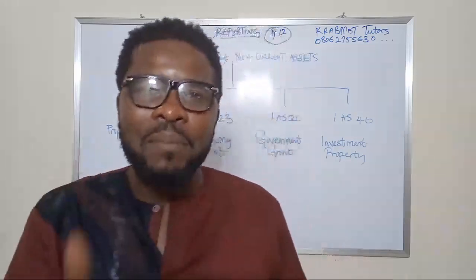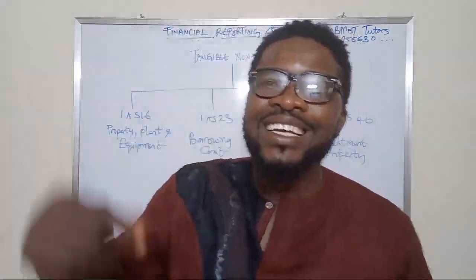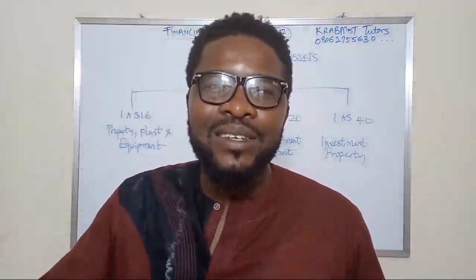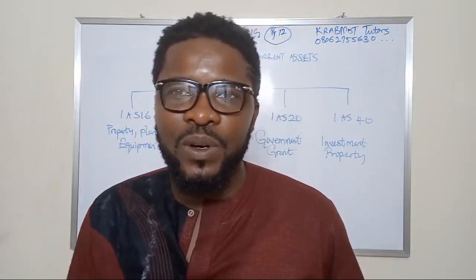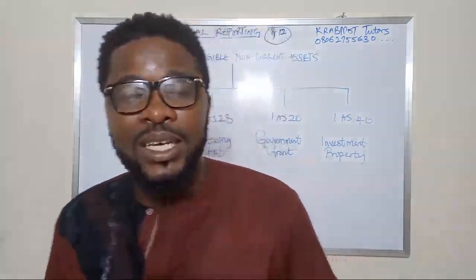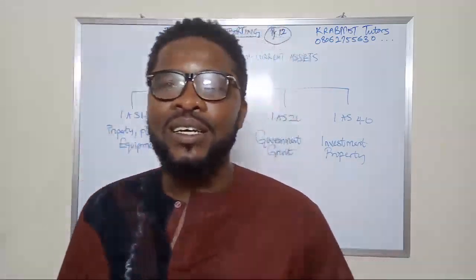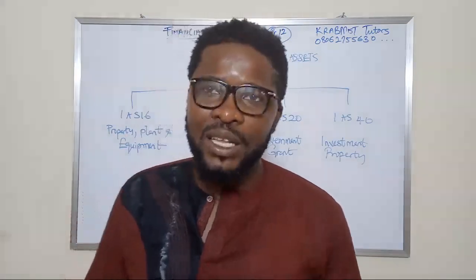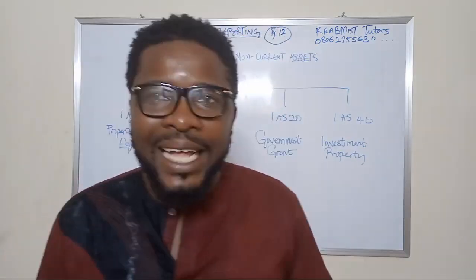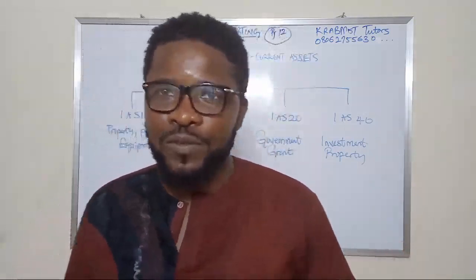When the carrying amount in the statement of financial position of 20 naira is greater than the value which can be realized from it, then you know that there's an impairment loss. In another statement, they will say when the carrying amount is greater than the recoverable amount. So your fridge is 20, but because of the compressor, which is bad, it now becomes 15, and you have an impairment loss of 5.